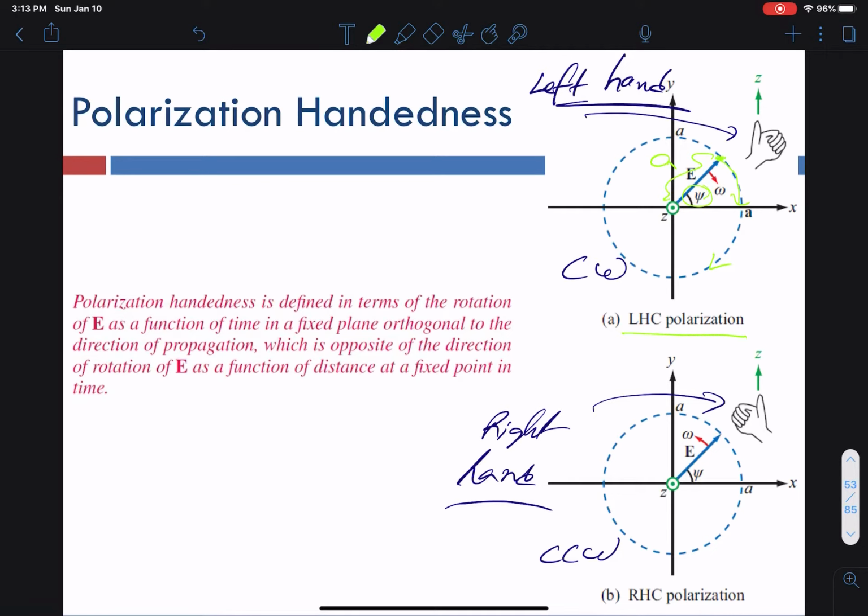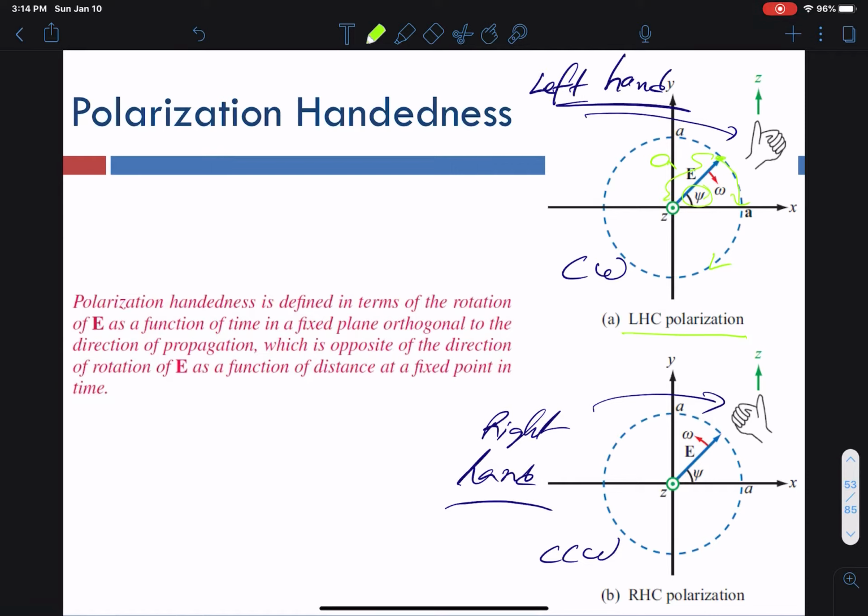Left hand circular polarization. That means if you use your left hand, and your forefinger represents the movement of the tip of the vector, then your thumb should represent the direction of propagation. So if you do it here, your propagating signal is coming out of the page, and your forefinger represents which way your tip is moving.